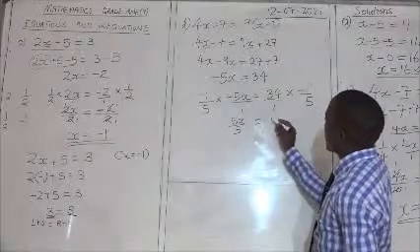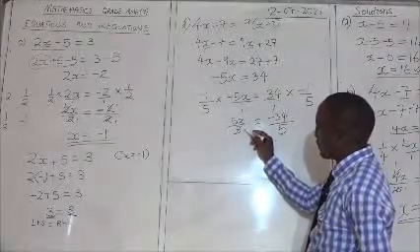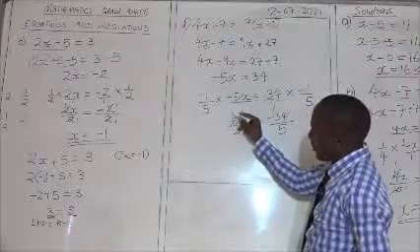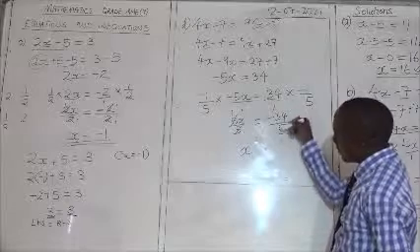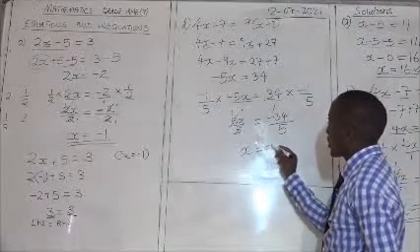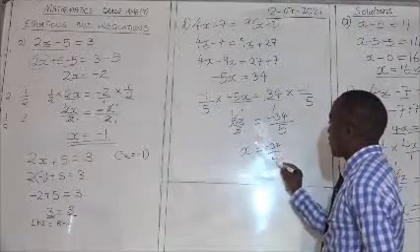Okay, so this side we can divide. 5 divided by 5 is 1. 5 divided by 5 is 1. So we are remaining with just x. And so we are saying that x is equal to negative 34 over 5.